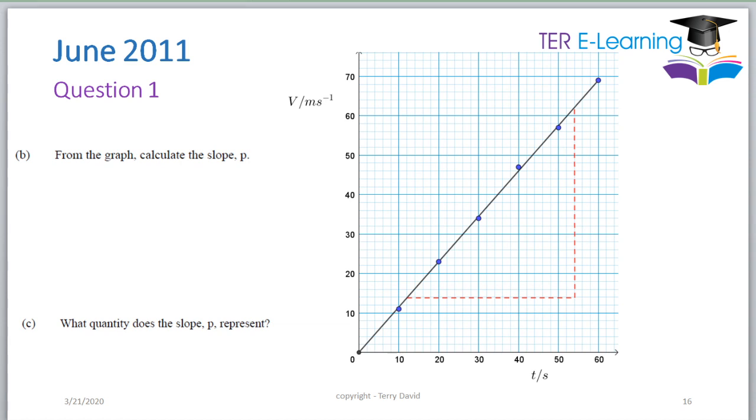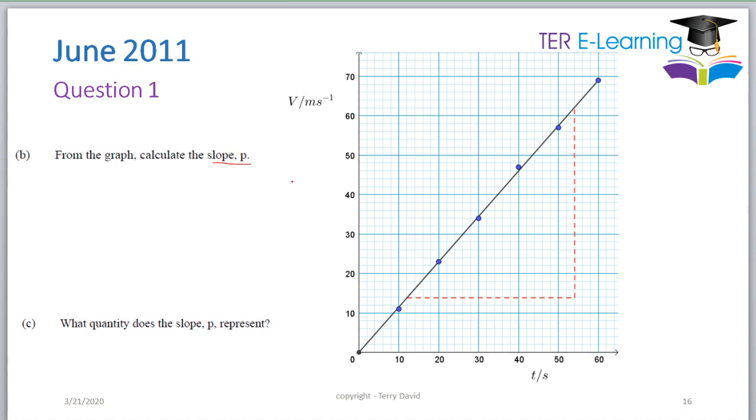In part B, they're saying from the graph calculate the slope P. Most of the questions, or the first question on your paper, if it's a straight line, you're going to have to find the slope, right? Now some things I need you all to remember here.